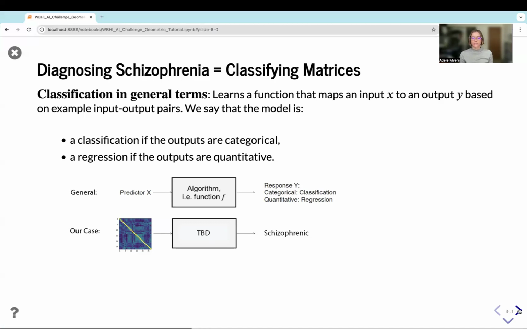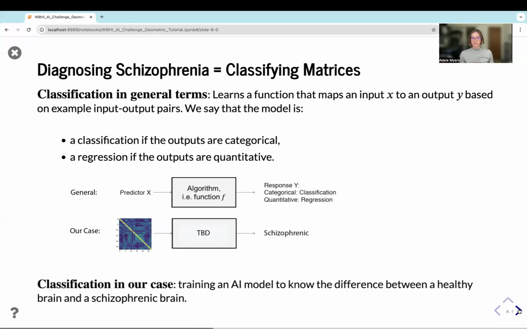Classification in general terms learns a function that maps an input X to an output Y based on example input-output pairs. We say the model is a classification if the outputs are categorical, and a regression if the outputs are quantitative.